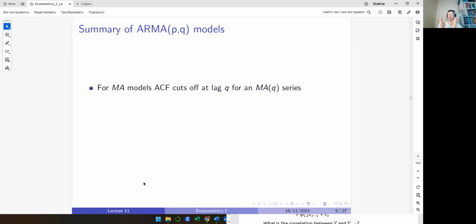So after lag q, ACF is 0. Doesn't exist. For an AR model, partial autocorrelation cuts off at lag p. So with this knowledge, we have some tools to identify what kind of model we are working with.